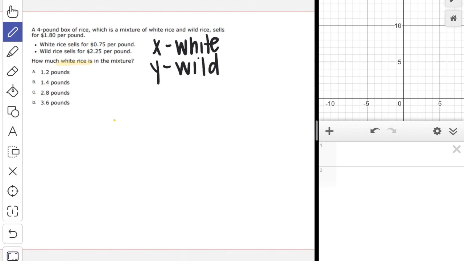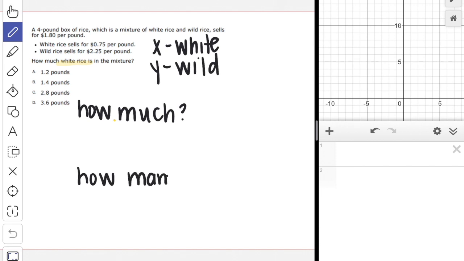Now, the other thing we need to do is represent two things. They talked about, again, the how much, how much did the rice cost, and then how many, so how many pounds.